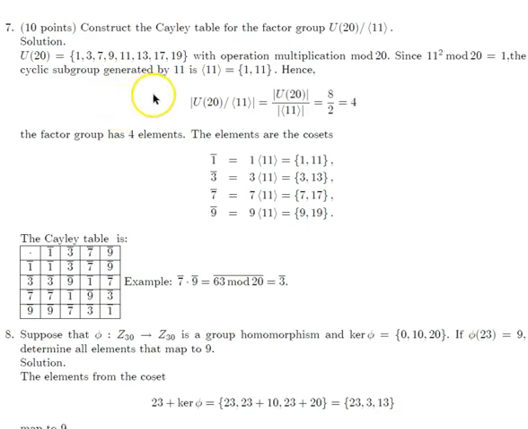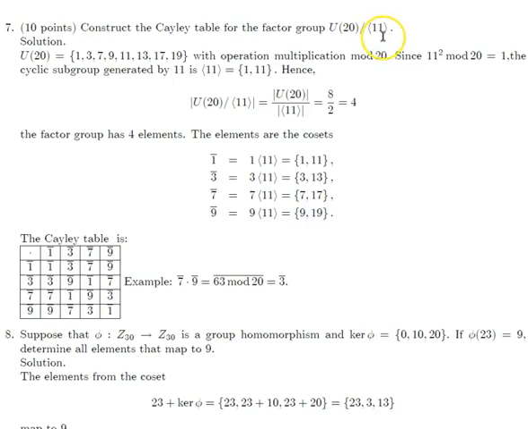Problem 7. Construct the Cayley table for the factor group U20 factored by the cyclic subgroup generated by 11. We know U20 consists of all numbers from 1 to 19 that are relatively prime to 20. So I write them down. And the operation in this group is multiplication mod 20.